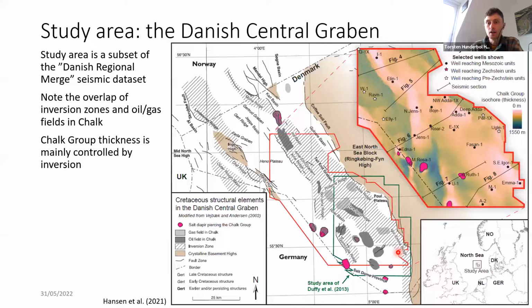And I put in here an isochore map, a thickness map of the chalk group, the Upper Cretaceous Danian chalk group, which is more or less syn-inversion. And you'll notice here that the bright areas, where the chalk is relatively thin, correspond very nicely to the areas that saw relative uplift during tectonic shortening in the late Cretaceous.